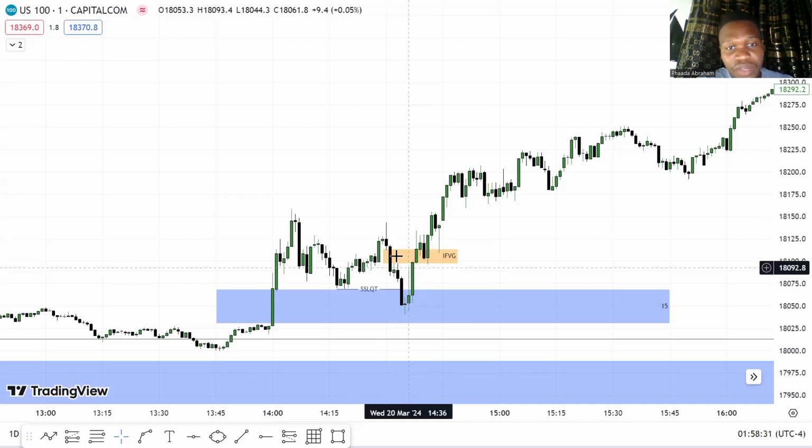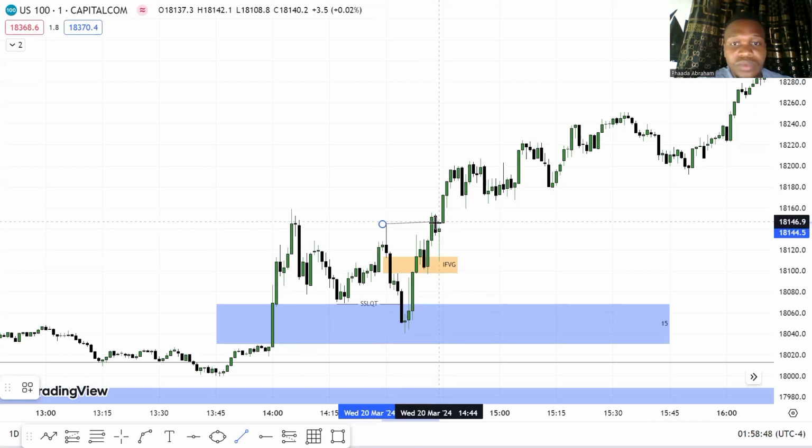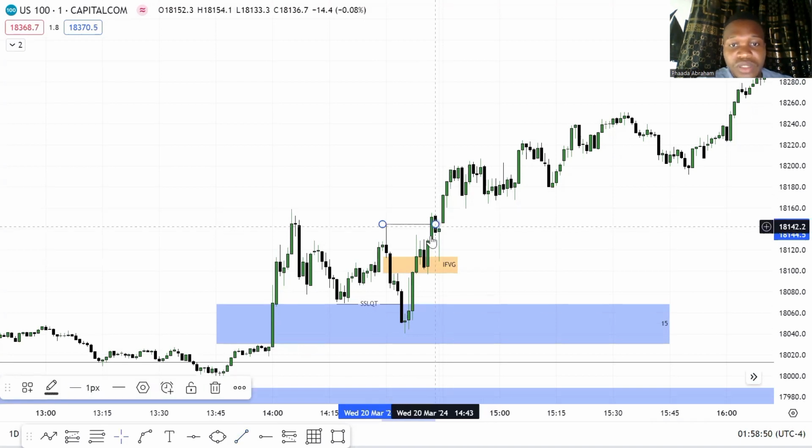So every opposing fair value gap becomes an inversion for us. It took out this high here. So once it took out that high, you see how it retraced back to the inversion fair value gap. That's so perfect.